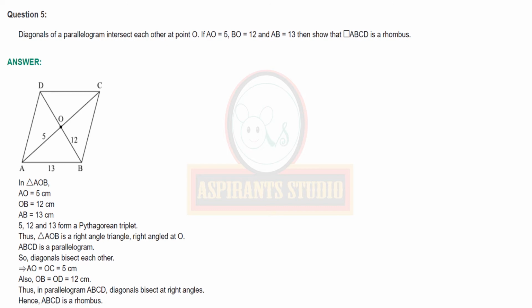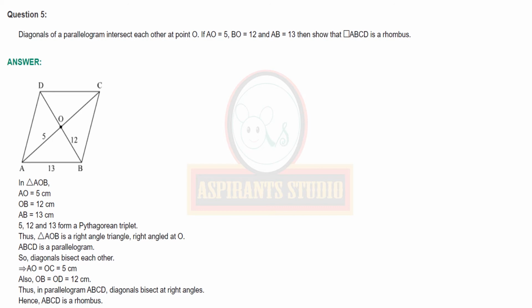Now coming to the solution. Draw the parallelogram ABCD. You have to prove that the parallelogram ABCD is a rhombus. So draw the parallelogram ABCD. Mark everything, whatever is given. AO is equal to 5, BO is equal to 12 and AB is equal to 13.